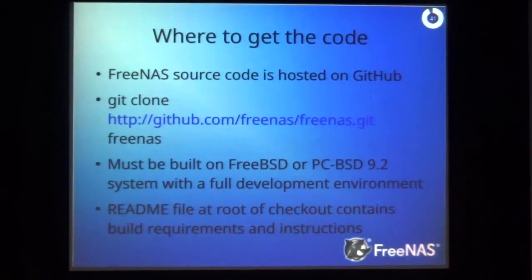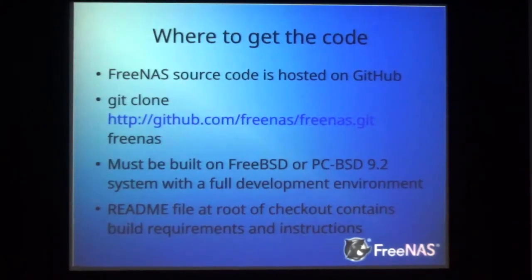Where do you get the code? Get it on GitHub. You can clone it. I think the requirements are for being built on 9.2, but we just did some work on the build system, so you could probably build it on 10 and 11 now. And the README file at the root tells you this stuff.